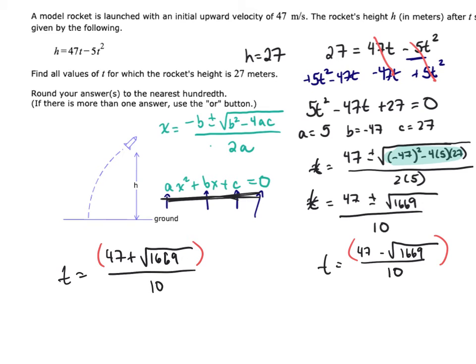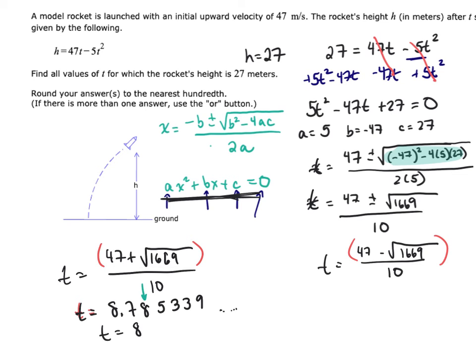So when I put the first one in the calculator, the positive root, 47 plus the square root of 1669 over 10, I get t equal to 8.785339, and it keeps going and going. And it says I want to round this to the nearest hundredth, so the nearest hundredth would be this place here. The next digit is a 5, so I will round up.